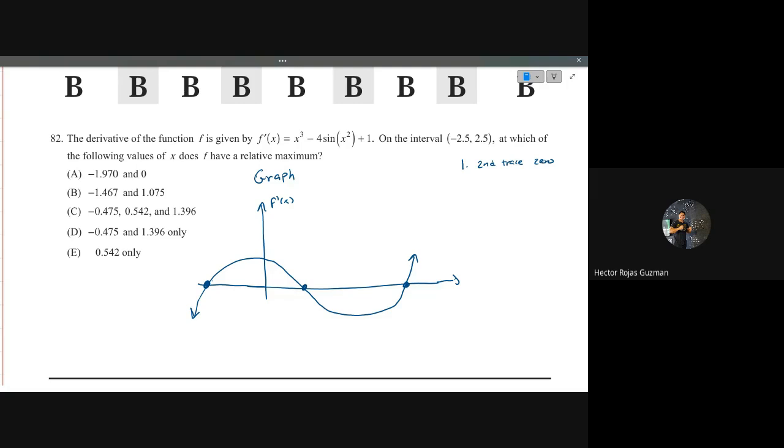You find your x-intercepts, which I'm going to call A, B, and C. And then you want to analyze your x-intercepts. You want f prime to go from positive to negative, and that would represent a relative maximum. You go from increasing to decreasing. So in this case, B would be my relative maximum.